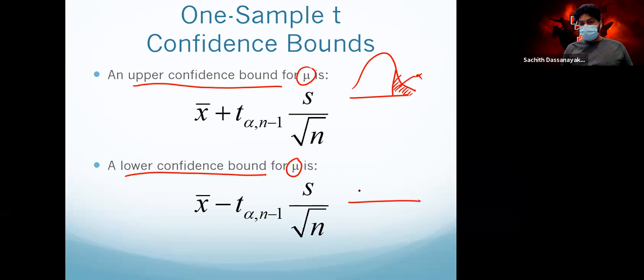For this case, it's going to be like this, alpha. That's why we have alpha. This is the degree of freedom. If you remember, we assume that we don't know population standard deviation. That's why we have S instead of sigma.